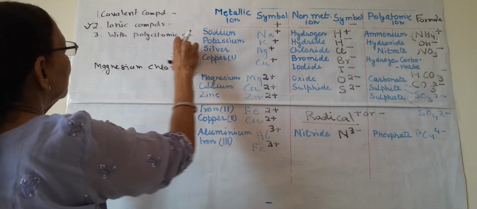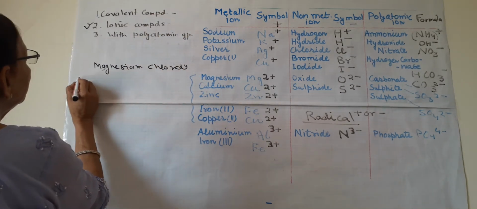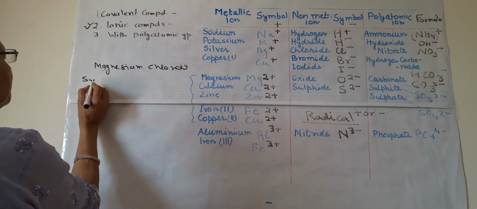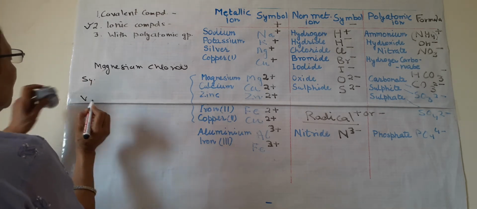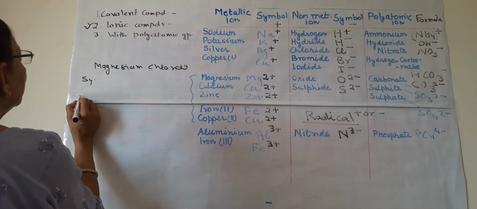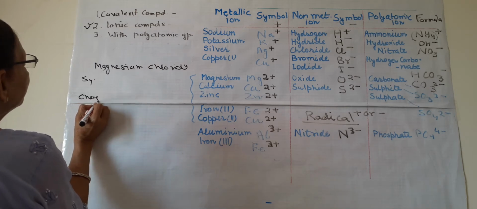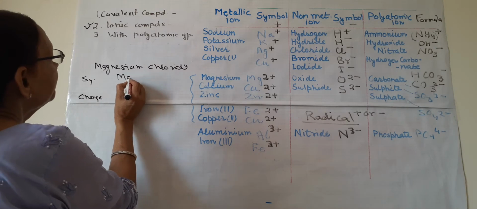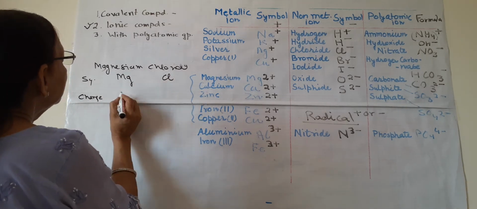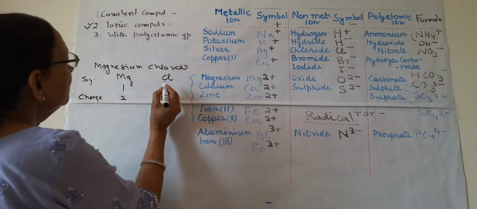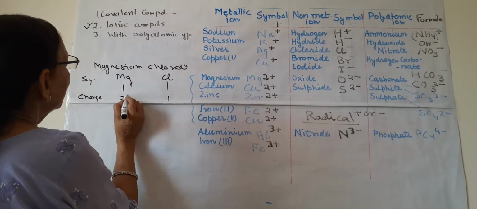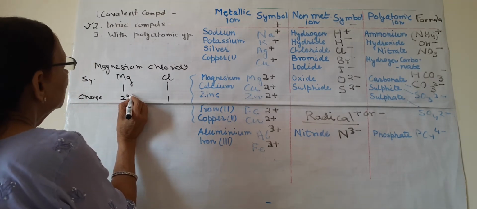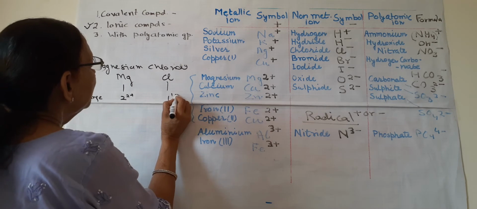Magnesium: you have to write every time the symbol and valency, but when we are writing the formula of an ionic compound, we write charge instead of valency. So the symbol of magnesium is Mg, chlorine Cl, valency 2, Cl 1; you can write 2 plus, and 1 minus.